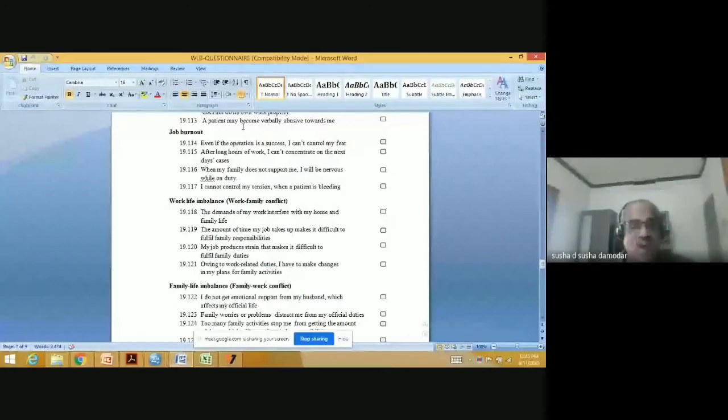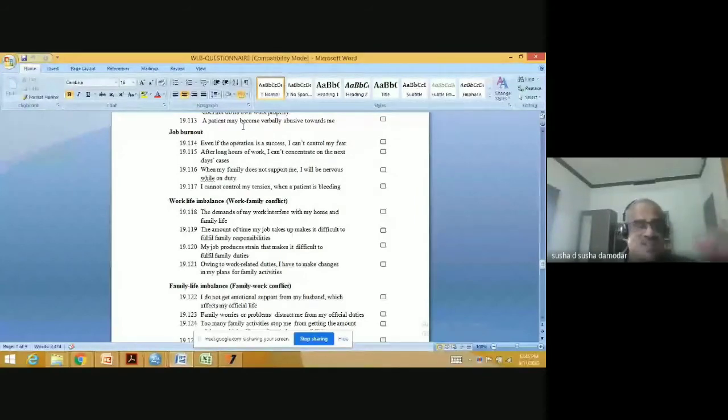The hypothesis is work-life balance is independent of job burnout, or there is no significant dependence between work-life imbalance and job burnout. What is the null hypothesis here? There is no dependence or association or relationship between work-life imbalance and job burnout.